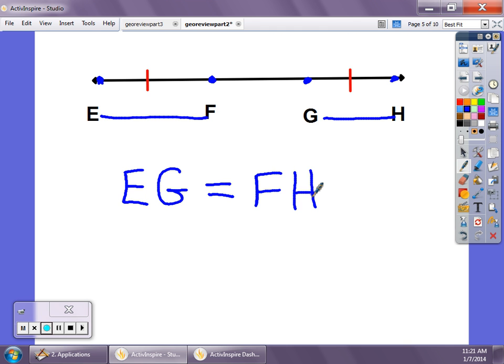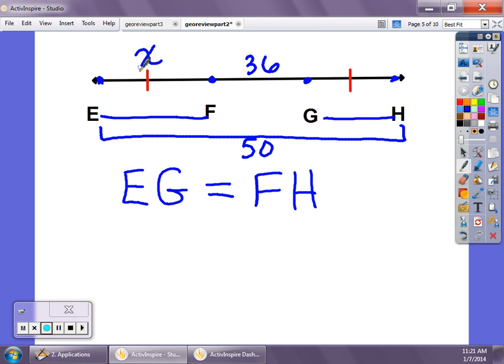Okay. All right, so I think I want to keep this. Yes, I want to keep that page. Sorry. Okay, so now they told me EF equals GH. EH is worth 50. And FG is 36. I'm going to call this X because I don't know. So what am I going to call this?